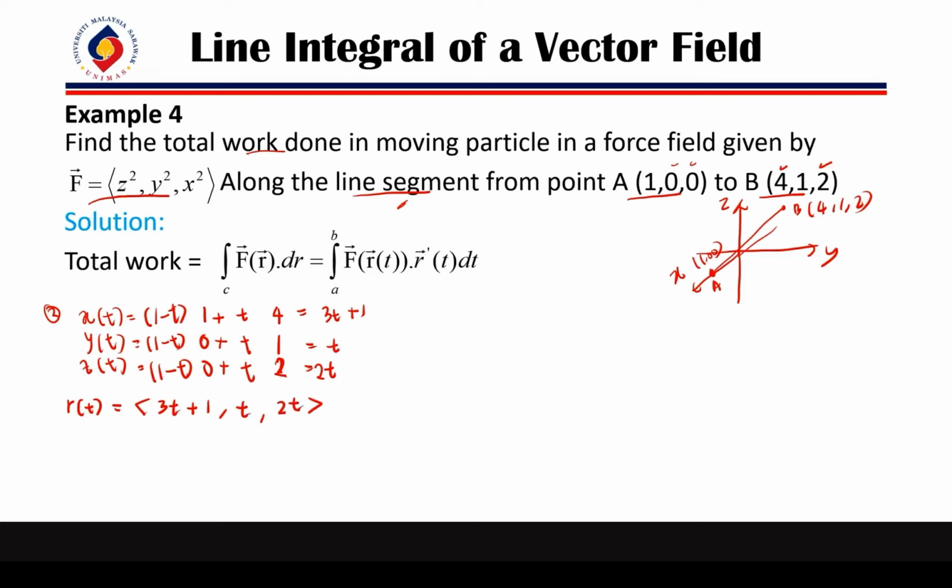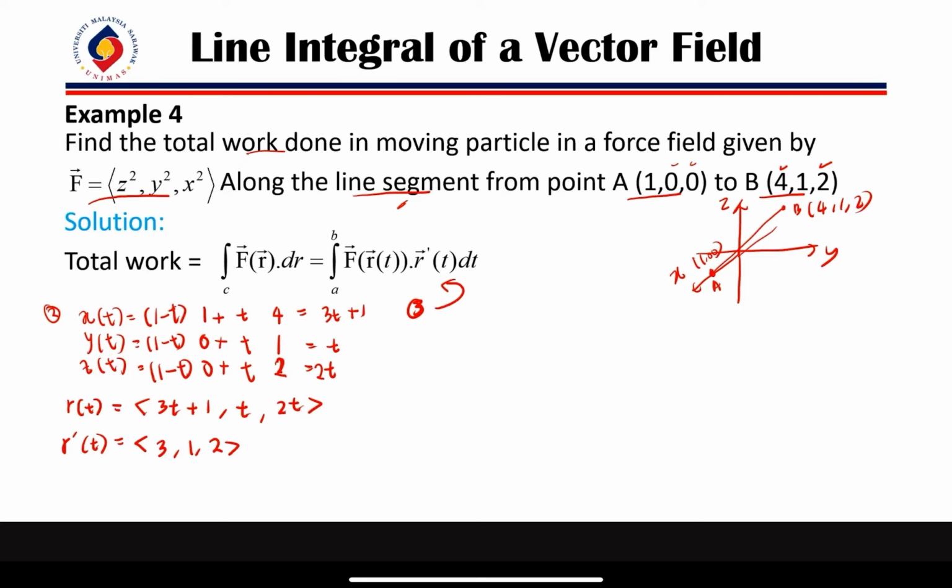So r prime of t is equal to dr dt. We get here 3, 1 and 2. Am I right? Alright, so next we have to plug into this equation here.